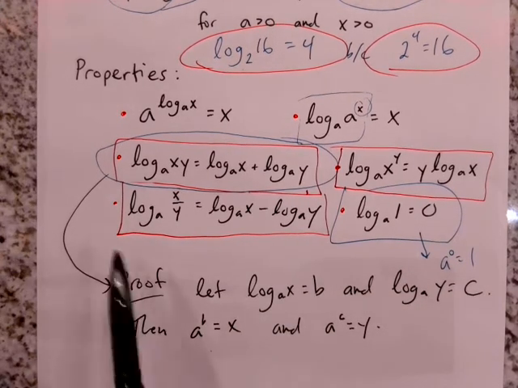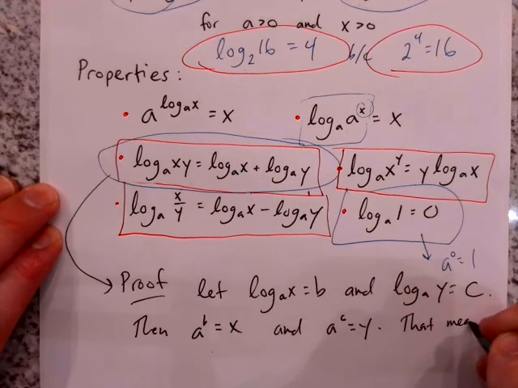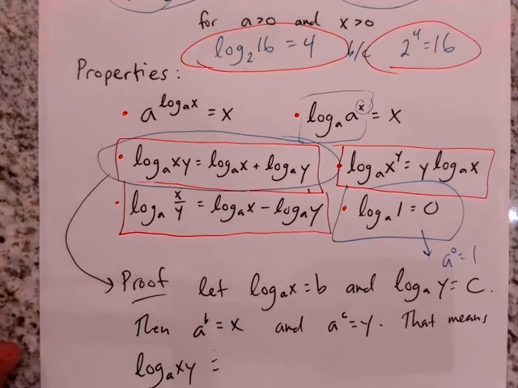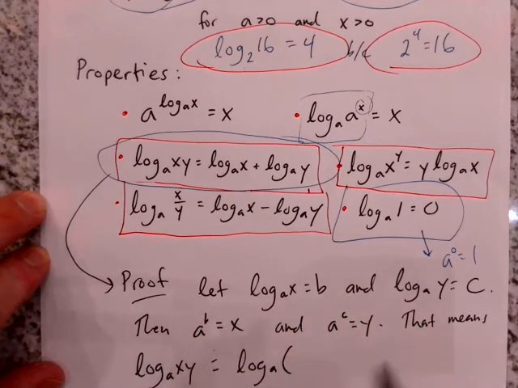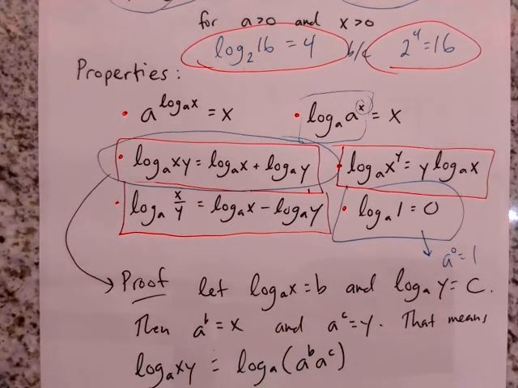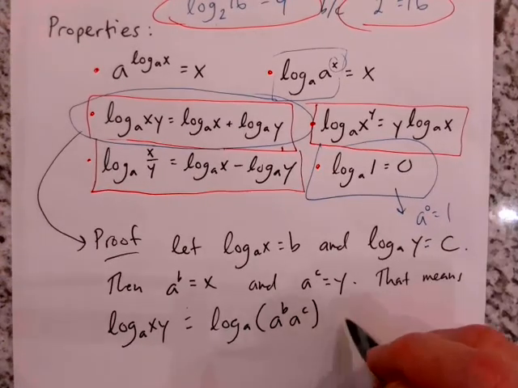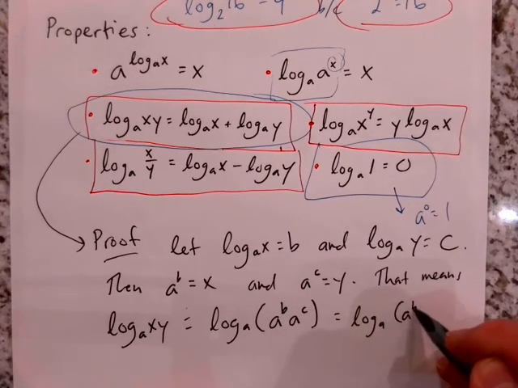And now we go to our actual property. That means that log base a of xy, which is the left side of our property there, is equivalent to log base a of x is a to the b, y is a to the c. We know that when you multiply two terms of the same base, you add their exponents. So that equals log base a of a to the b plus c.